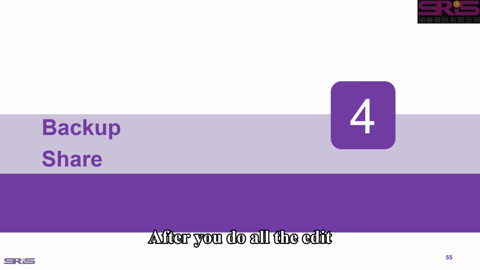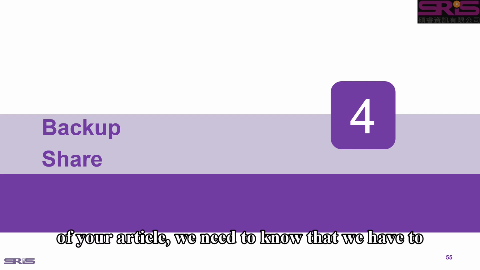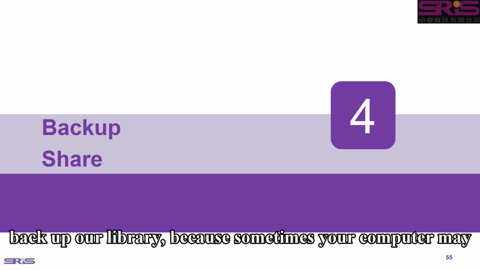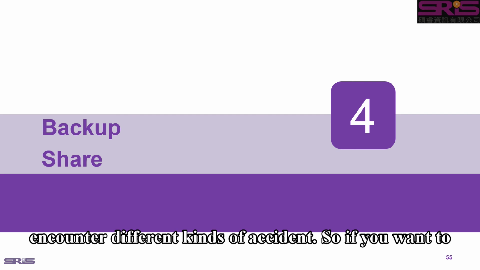Then after you do all the edits of your article, we need to know that we have to back up our library, because sometimes your computer may encounter different kinds of accidents.